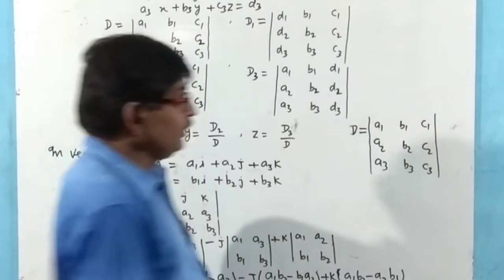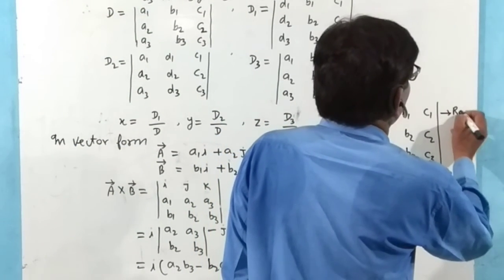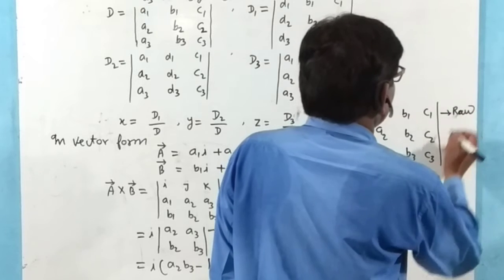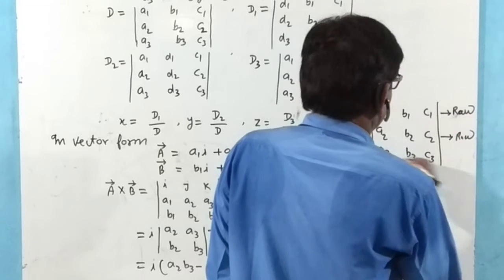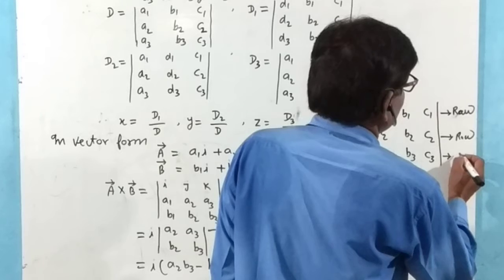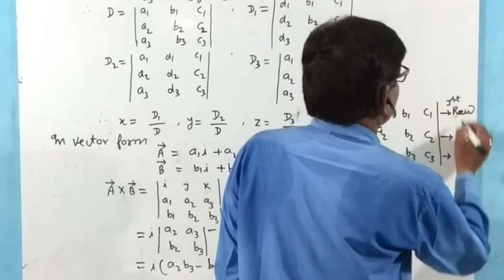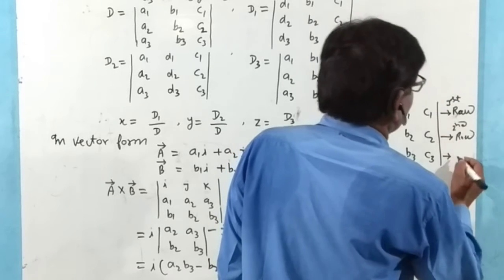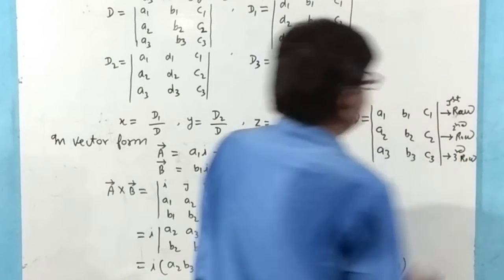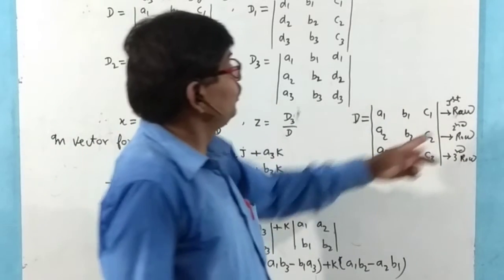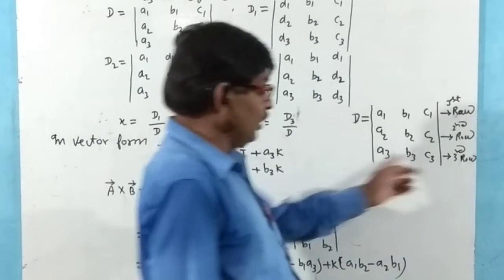This is the first row, this is the second row, this is the third row. This can be written as first row, second row, third row.